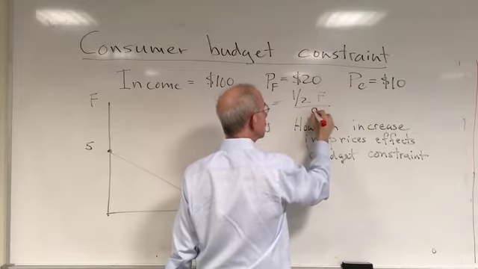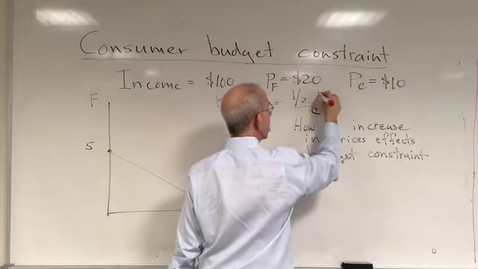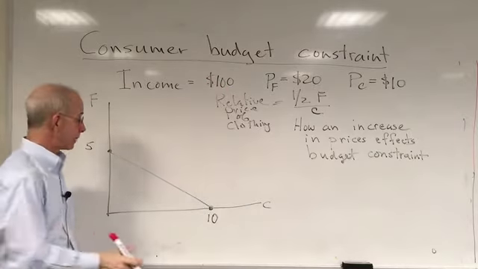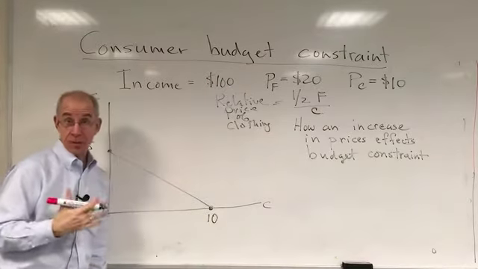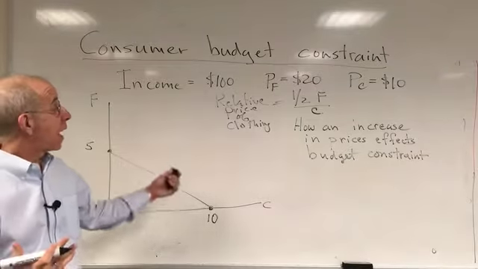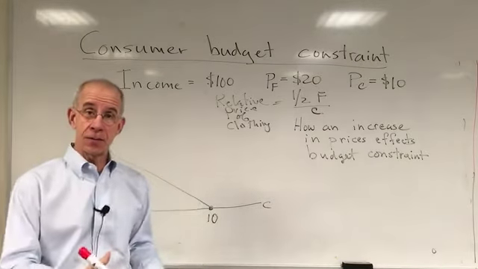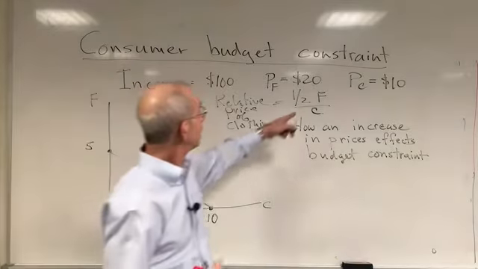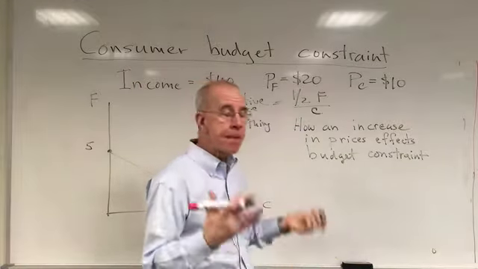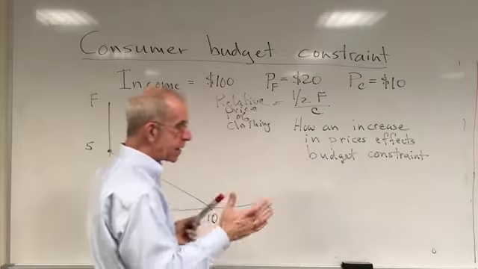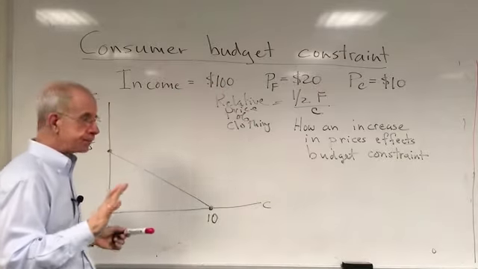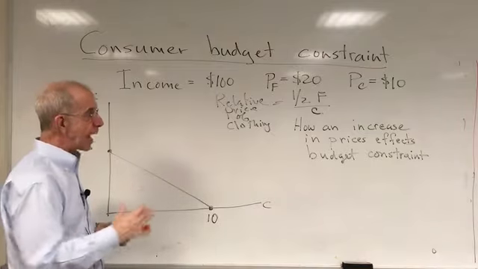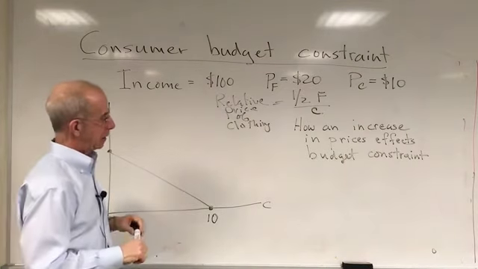I didn't use these units before, but those in fact would be the units associated with that. But that's basically the slope of this budget constraint, 1/2 F for every C. If I buy a unit of C, I give up the opportunity to buy 1/2 a unit of F given these prices. Okay.